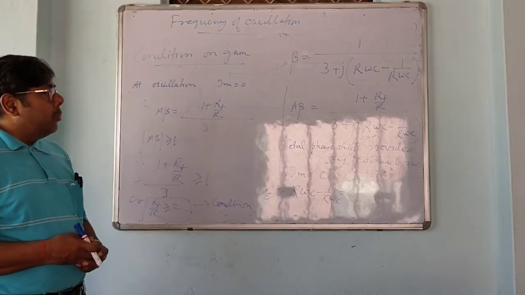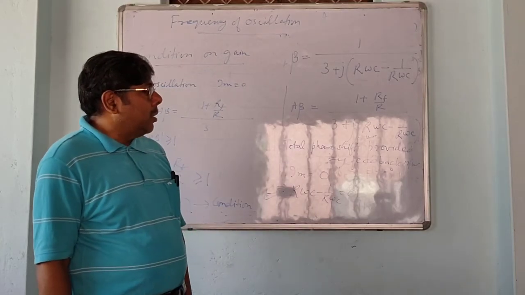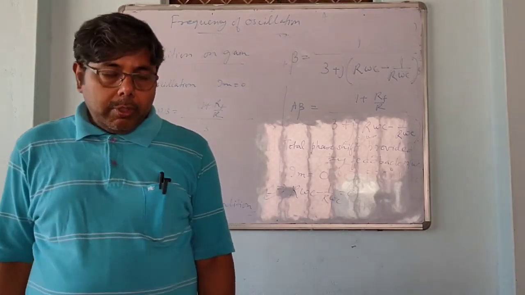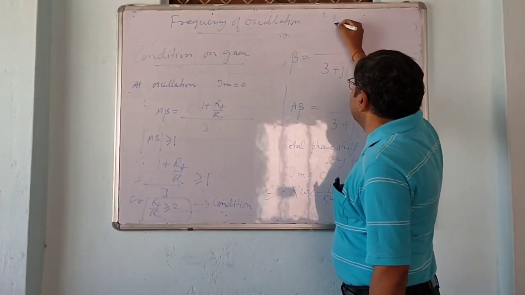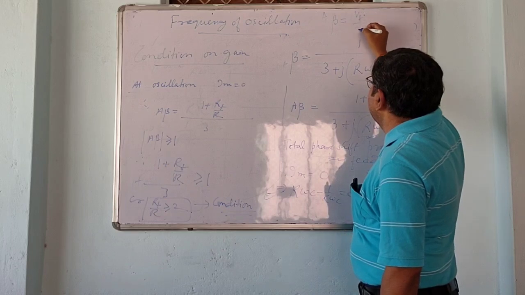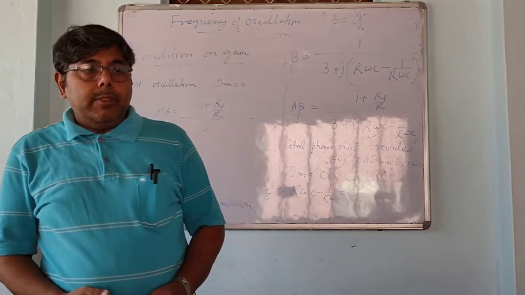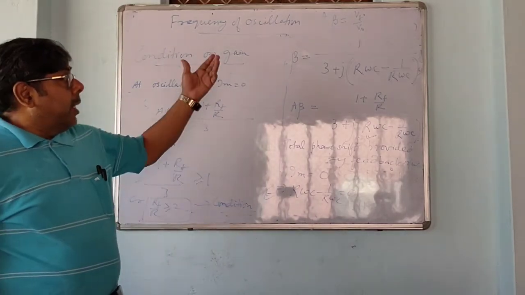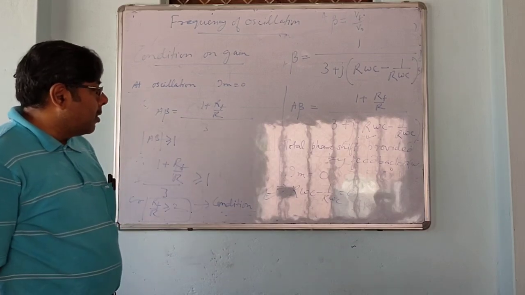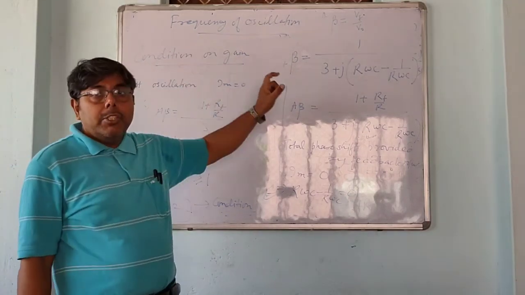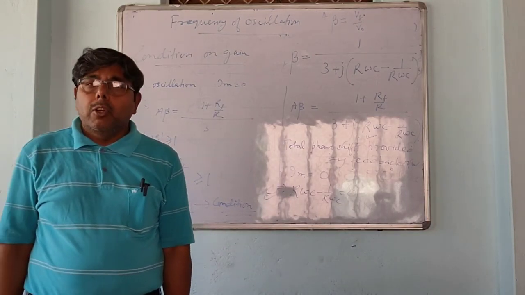So we can use this criteria by using Wien Bridge oscillator. First calculate feedback factor. So feedback factor is simply this voltage Ef upon V naught, and from here we can calculate feedback factor, and from that we can achieve frequency of oscillation for Wien Bridge oscillator. So that is all for today.